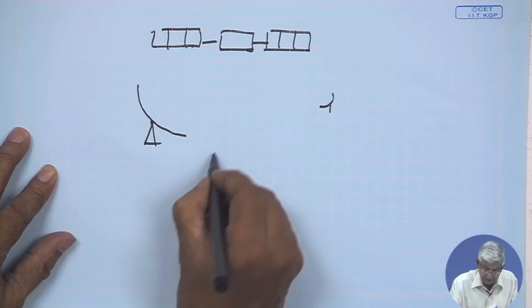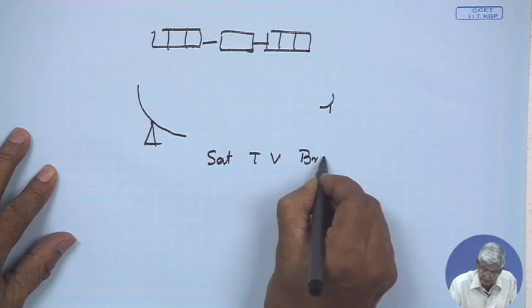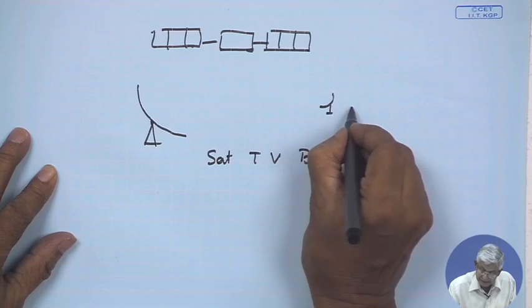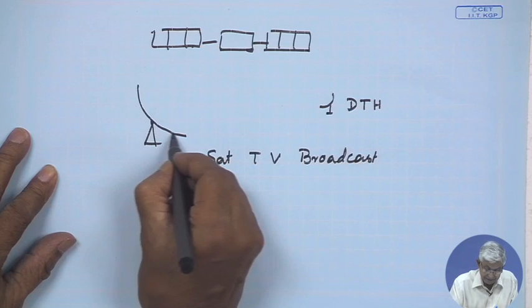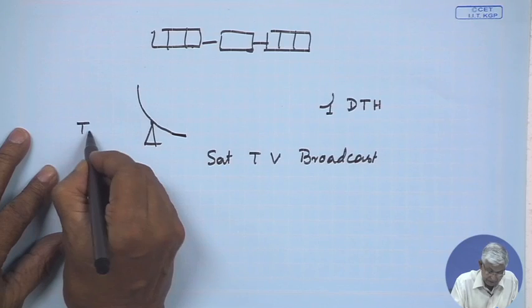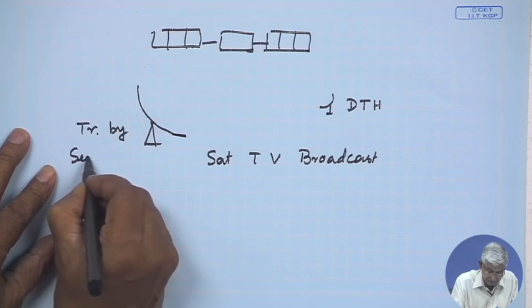One example is satellite TV broadcast, and this is your direct to home receiver, and this is the transmitter by the service provider.